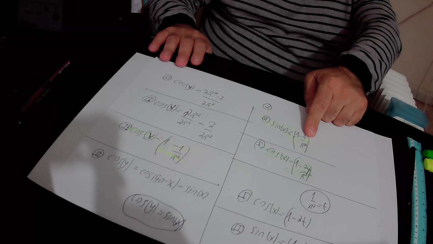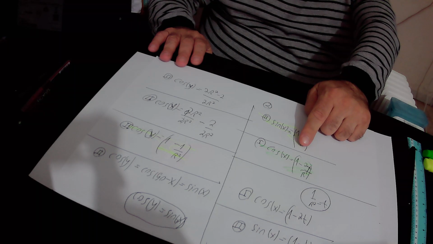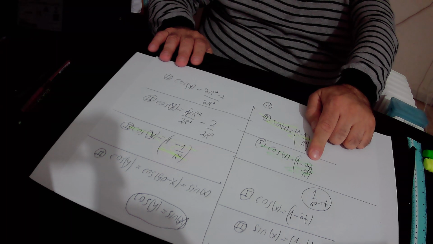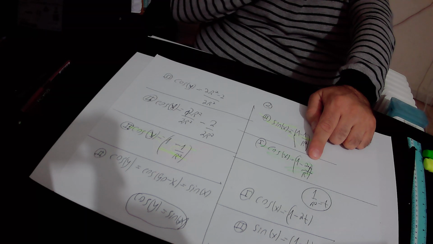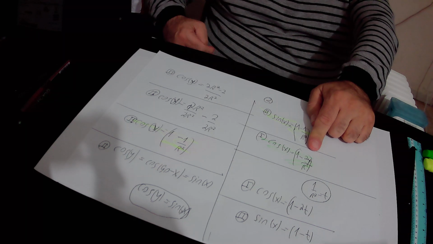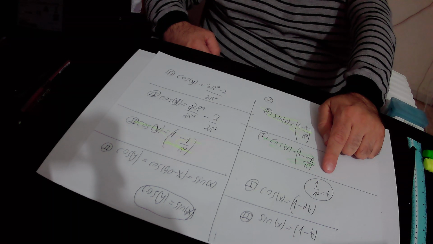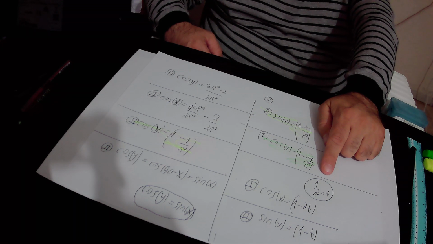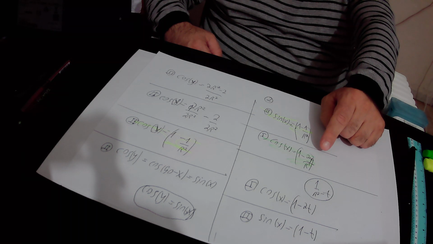We did it, and we got that sine x is equal to 1 minus 1 over r squared, while according to equation number 1, we already found out that cosine x equals 1 minus 2 over r squared. We define t as r squared, and we substituted 1 over r squared by t in both equations, number 1 and number 2.